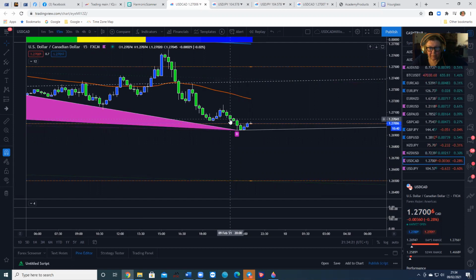So 1, 2, 3, 4 down to 15-minute, 100, 1, 2, 3, 4, and then at 20:45 it finished its rundown. And it's just bouncing around that quarter theory at the moment.